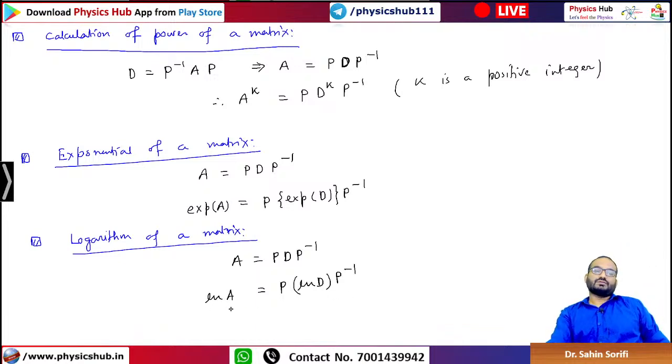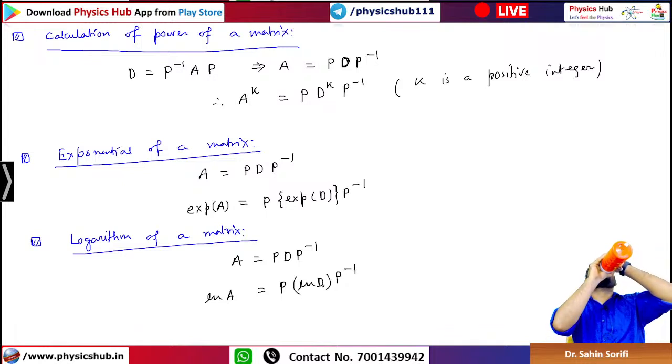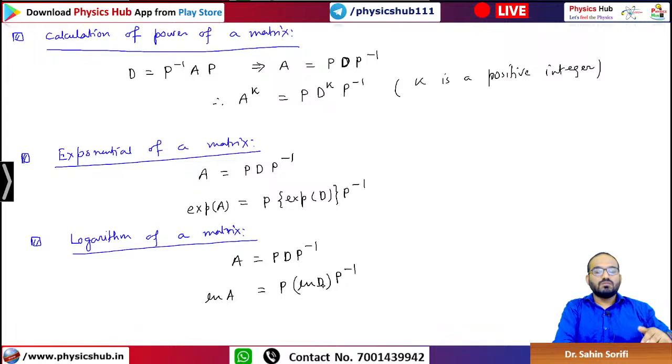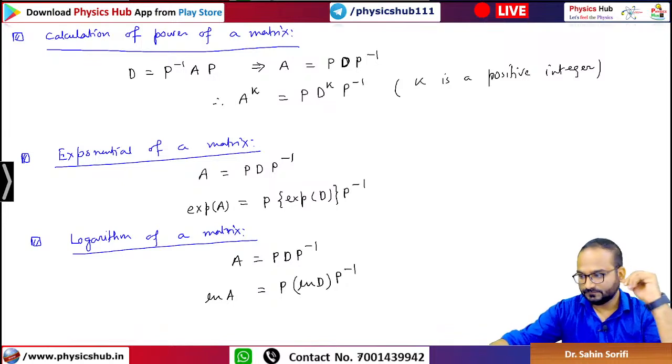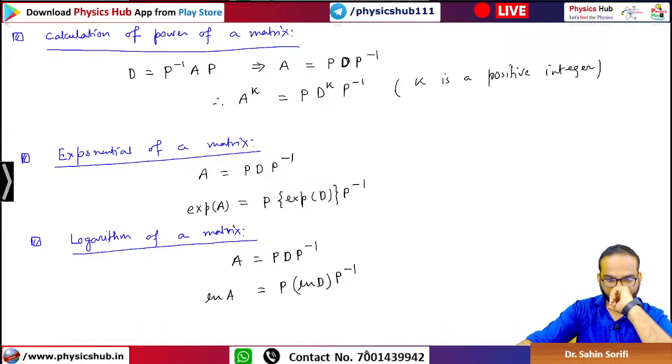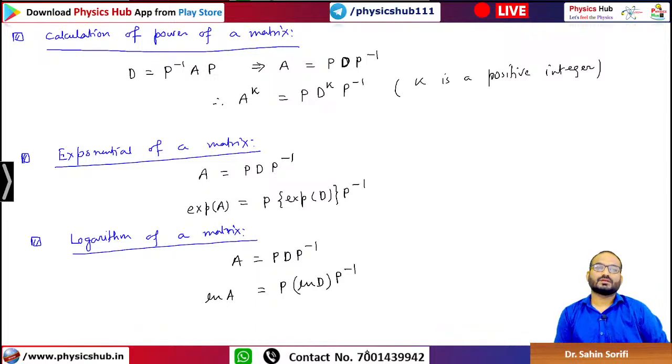So any operation you do with A, that will be reflected in the diagonalized matrix. Note these three formulas down. Let's go for a problem.